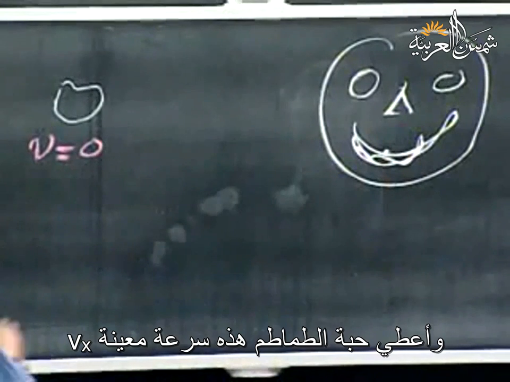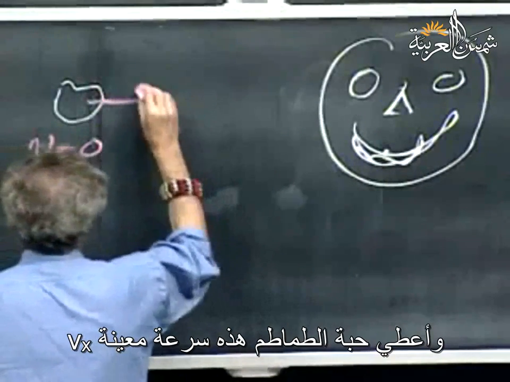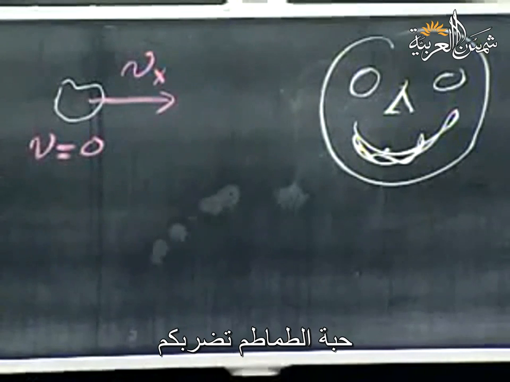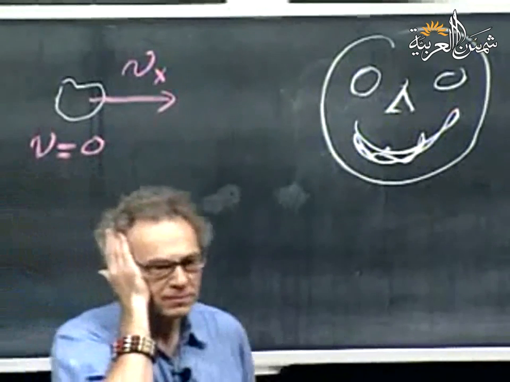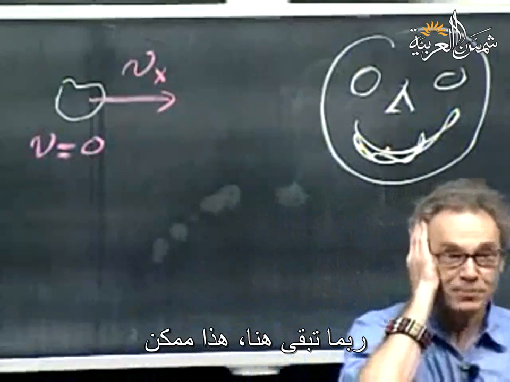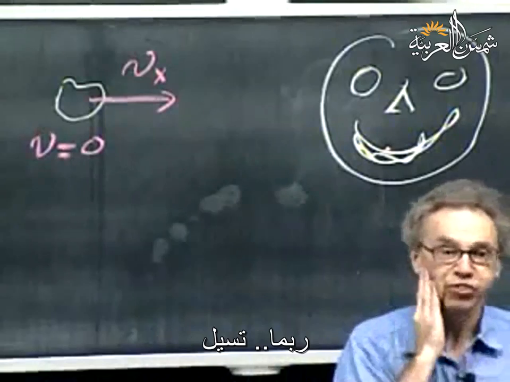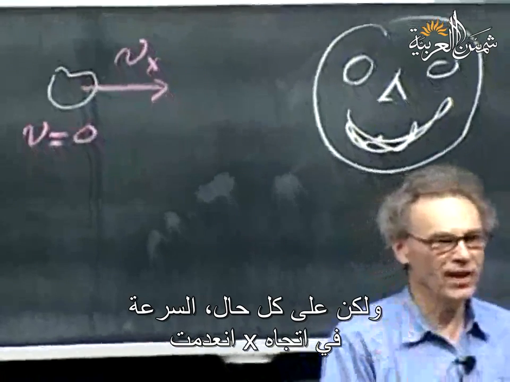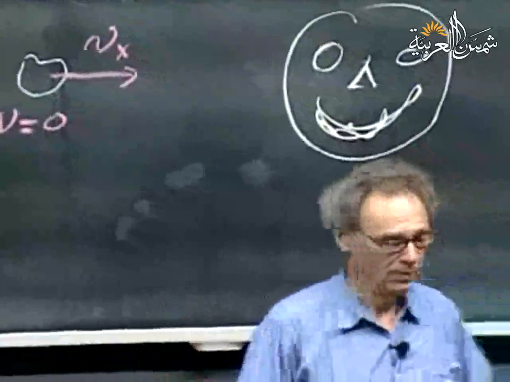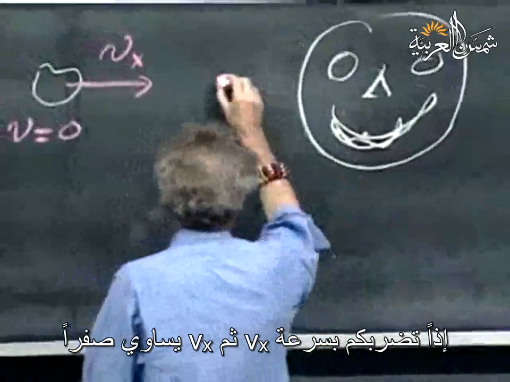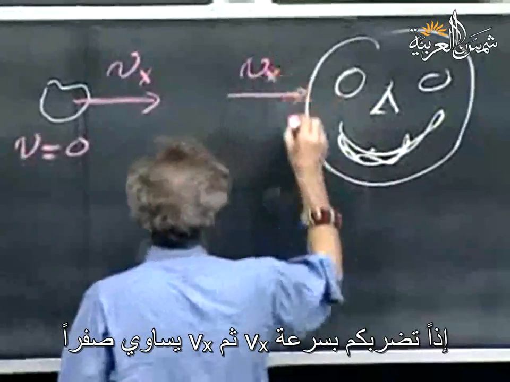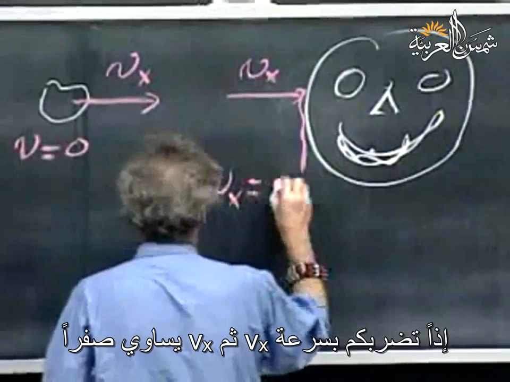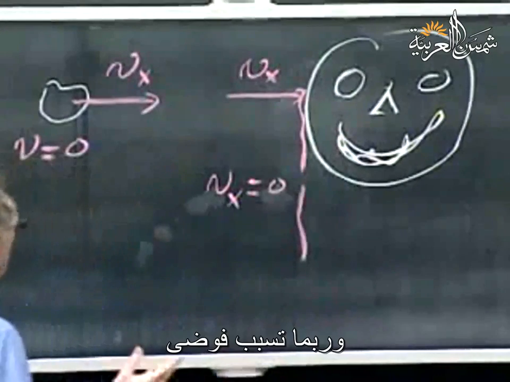And so I give this tomato a certain velocity, v of x. The tomato hits you. Maybe it stays there, it's possible. Maybe it will drip down. But in any case, the velocity in the x direction is gone. So it hits you with a velocity vx, and then v of x equals 0. And it may make a mess.